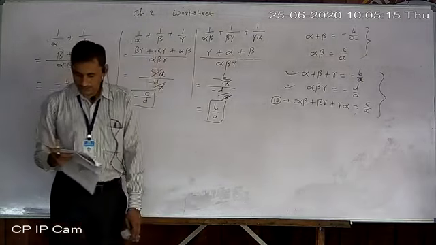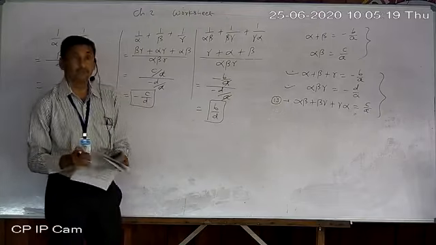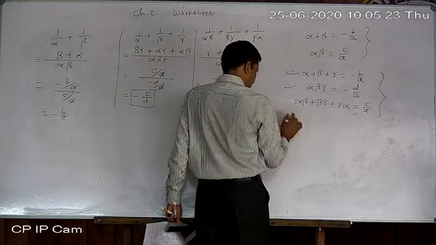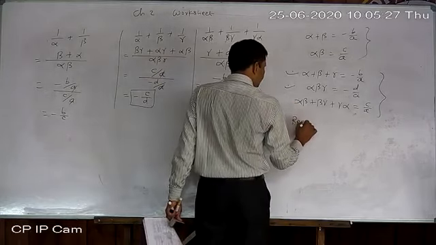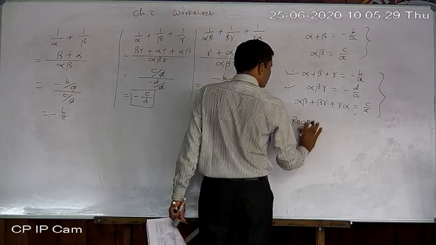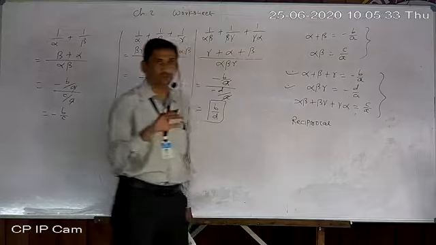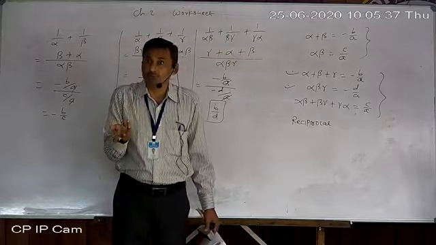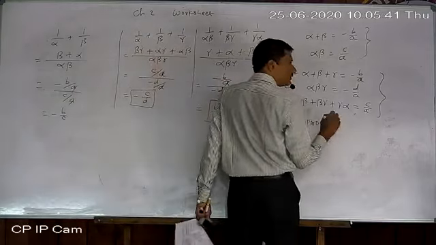14. If the zeros of a quadratic polynomial are reciprocal. So again, remember this one. If for a quadratic only, the zeros are reciprocal. Reciprocal means inverse of each other. Suppose 2 and 1 by 2, 1 by 3 and 3, 2 by 3 and 3 by 2. They are inverse, reciprocal. So the reciprocal product is always 1.